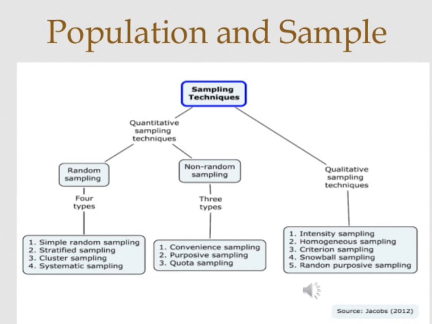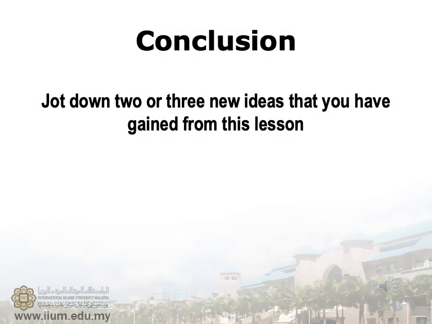Accordingly, the figure indicates non-probability sampling as non-random sampling. As shown in the diagram, there are at least 4 types of random sampling. Each has its unique strengths and shortcomings. A researcher should make an informed and defensible decision in using a particular sampling technique. To conclude, please jot down 2 or 3 new ideas that you have gained from this lesson.